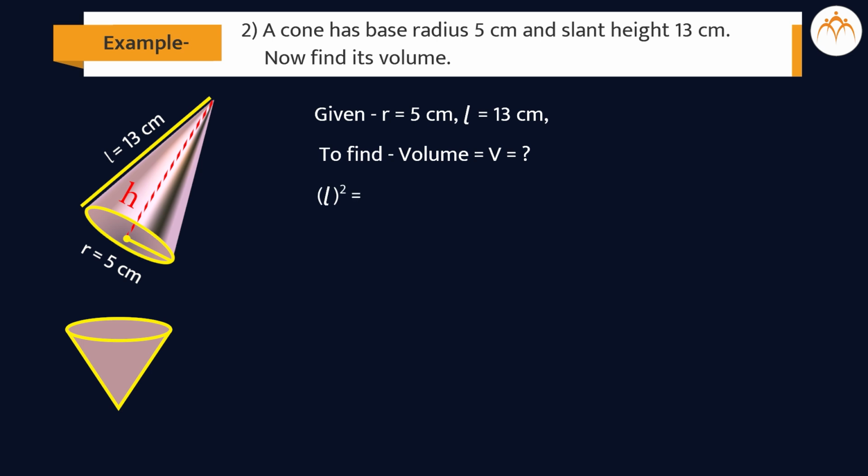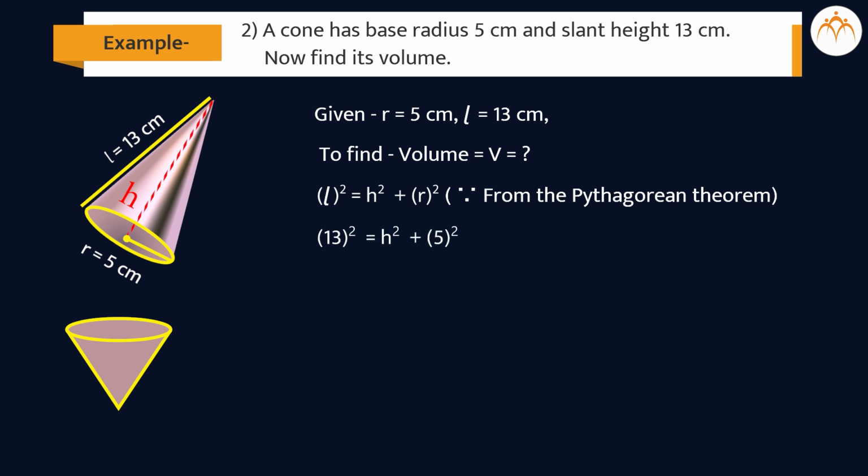L square is equal to h square plus r square. Therefore, 13 square is equal to h square plus 5 square. H square is equal to 169 minus 25 is equal to 144. H is equal to 12 centimeter.